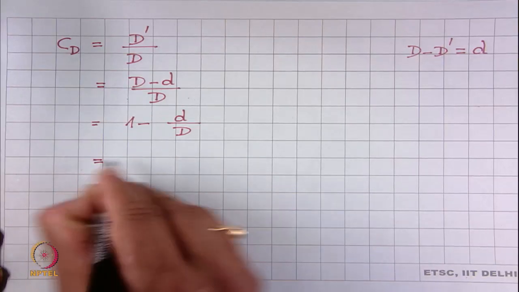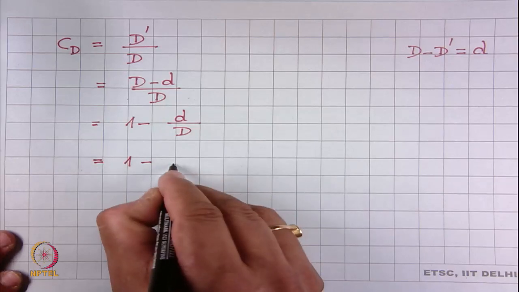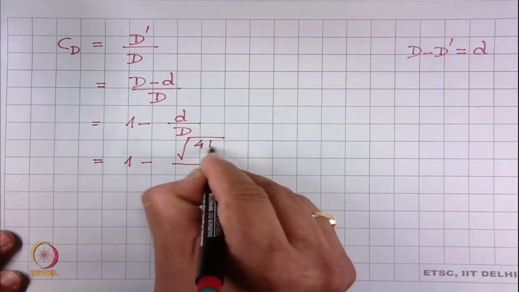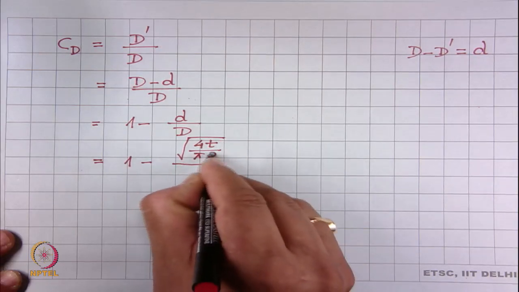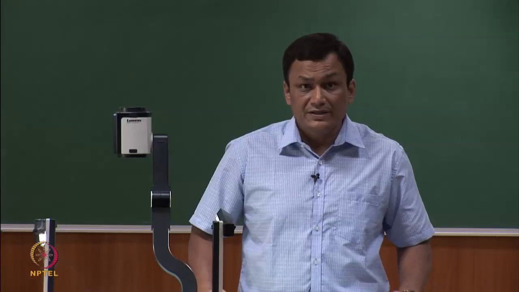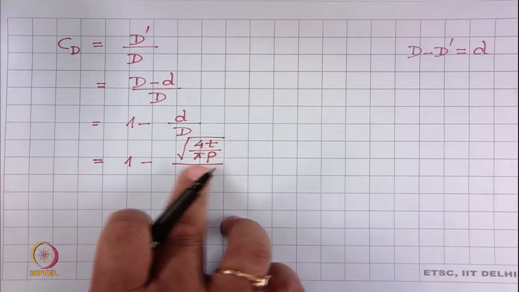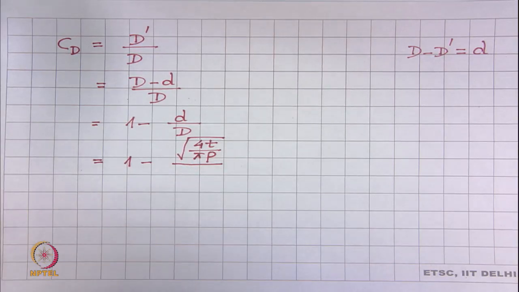Now, the small d we would like to write as the square root of 4 t by pi rho. This we learned in module 1: fiber diameter is equal to the square root of 4 times fiber fineness divided by pi times rho, fiber density. And what is capital D?